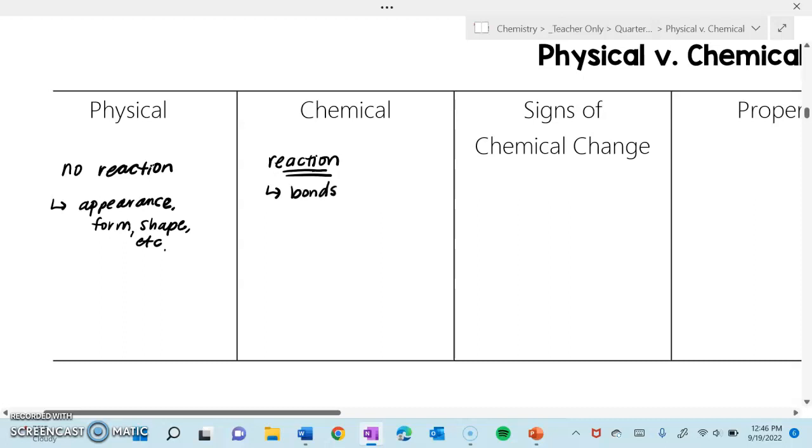Remember when we talked about particle diagrams where the shapes were touching, that was a bond. So if we're changing the particle itself and breaking apart the shapes, now we've created a new substance which will have new properties. Bonds will either break or form, creating a new substance with new properties.